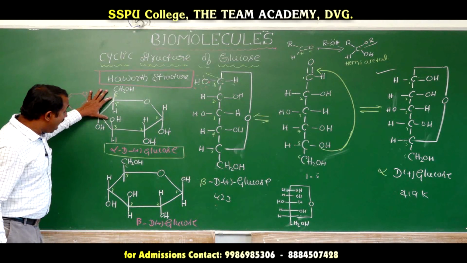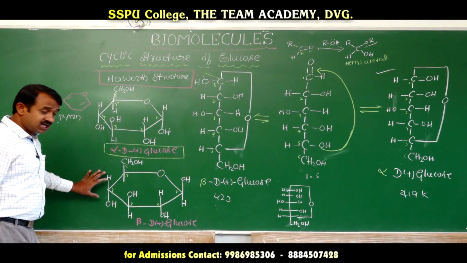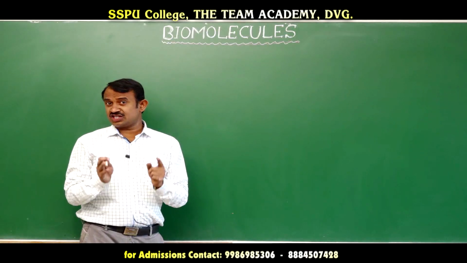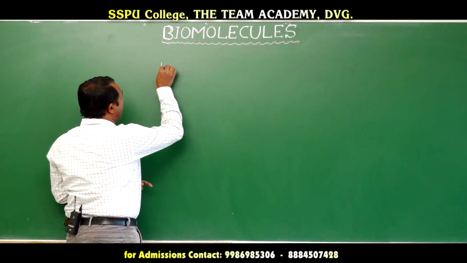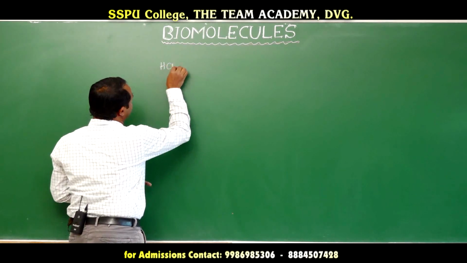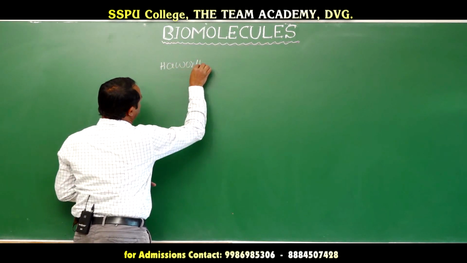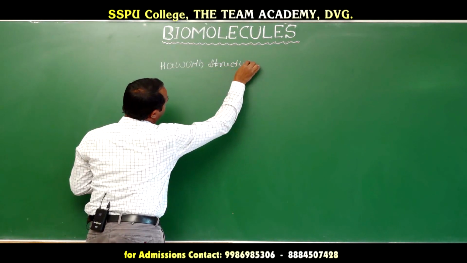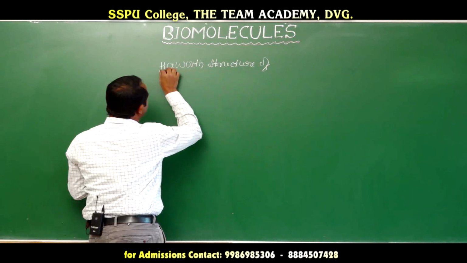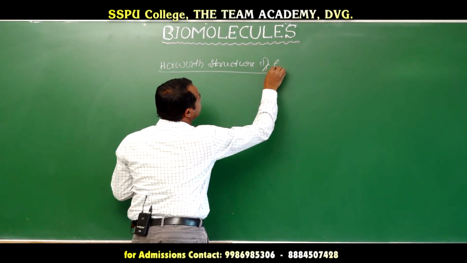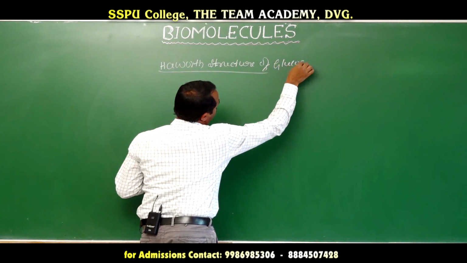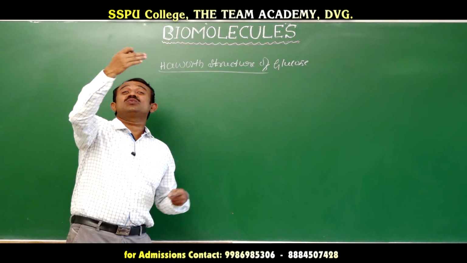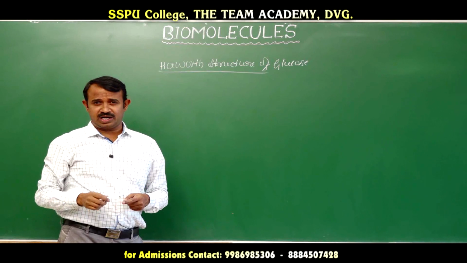This is our structure of alpha glucose, our structure of beta glucose. How to write the structure of glucose, okay? Same here, as already discussed, the C1 carbon to the C5 carbon.